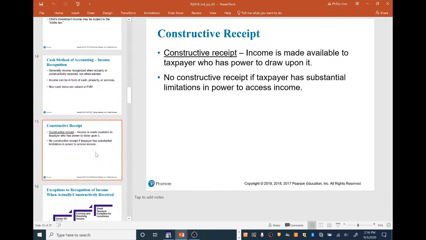Okay, now let's expand on the concept of constructive receipt. Constructive receipt is when income is made available to the taxpayer who has power to draw upon it. There's no constructive receipt if the taxpayer has substantial limitations on the power to access income. So what are we talking about here? Income is made available to a taxpayer who has power to draw upon it.